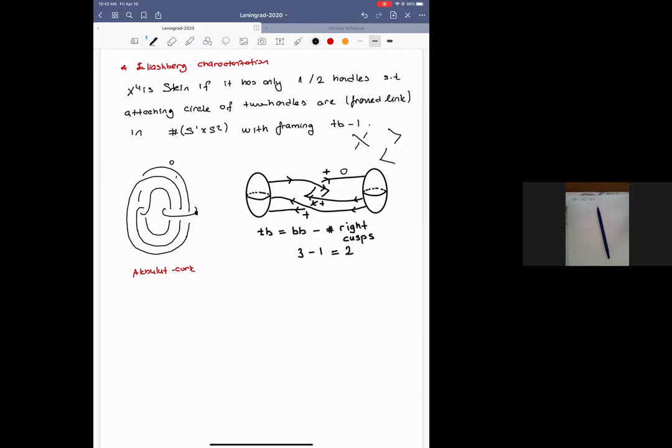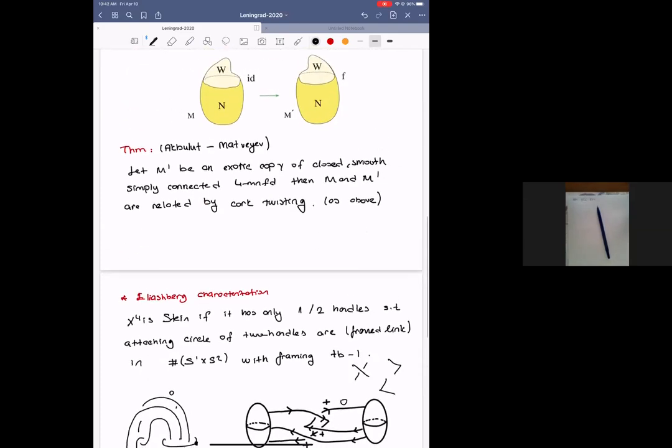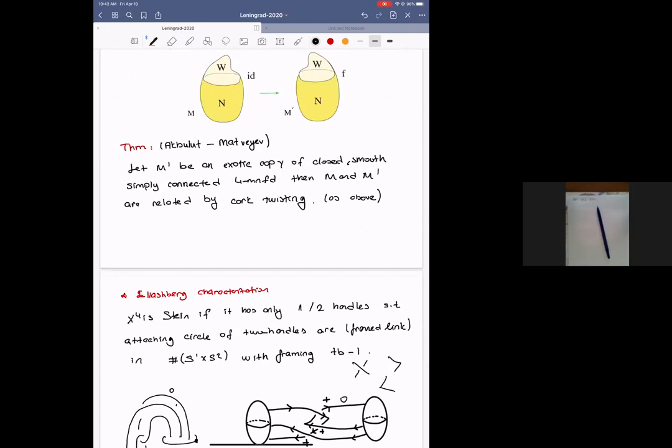But that's why we care about this piece, because I stated one of the biggest theorems in the field, right? Constructing these small exotic manifolds. That decomposition theorem says that if there are such exotic manifolds, they should be related by some corks.